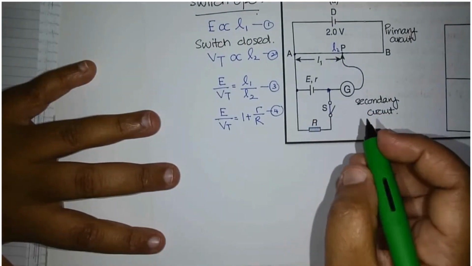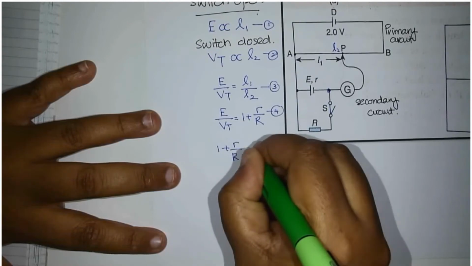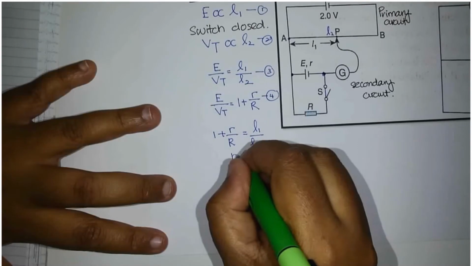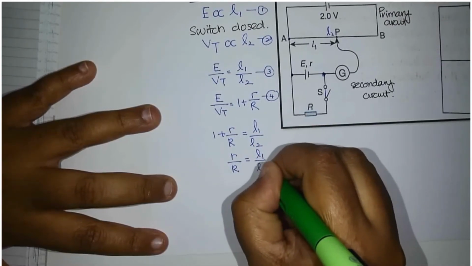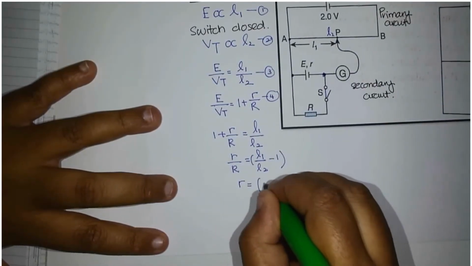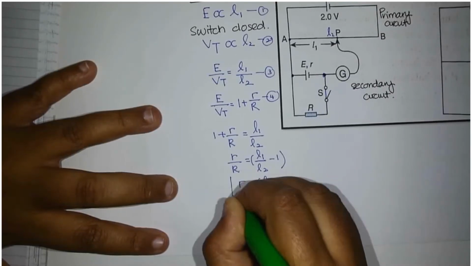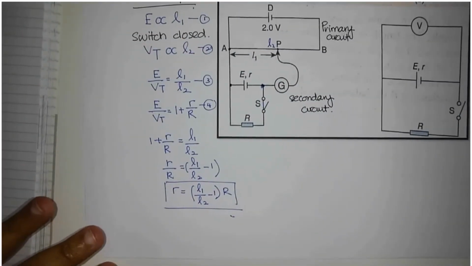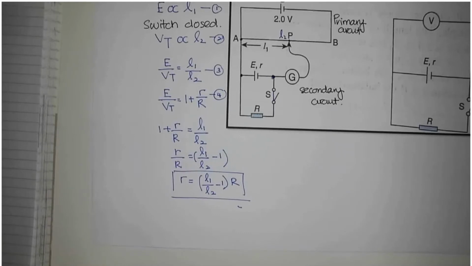Equating 3 and 4, you get 1 plus r over R equals L1 over L2. So r over capital R, you just solve the maths here, and you get your formula to measure the internal resistance of a cell. This is how you measure the internal resistance of a cell.